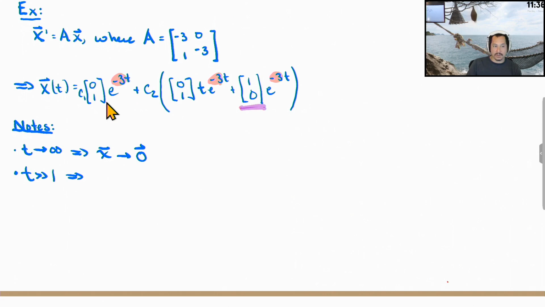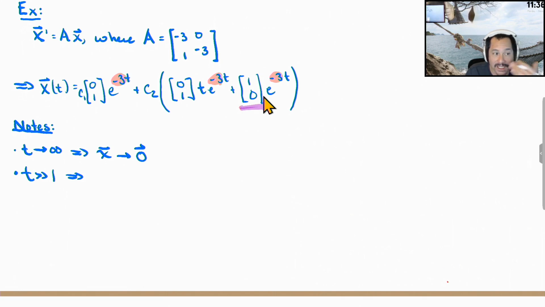Let's call this term 1, term 2, and term 3. When I pit these things in the future battle of t getting very, very large, which is going to outlast the rest of them and struggle to stay non-zero even when time gets really large? Term 1, term 2, or term 3? Which is going to outlast the rest?